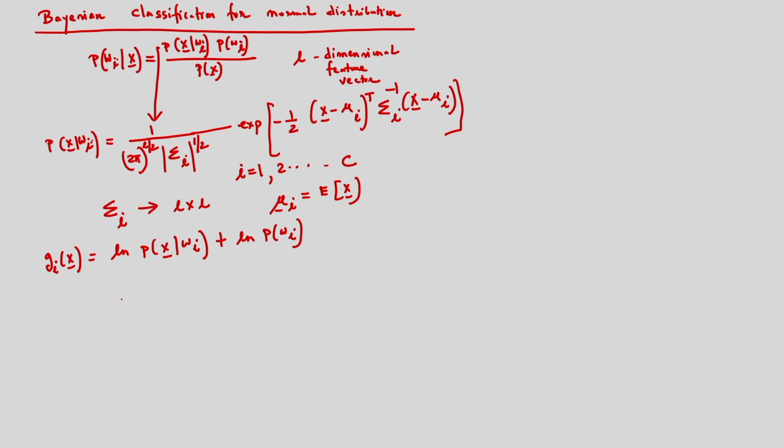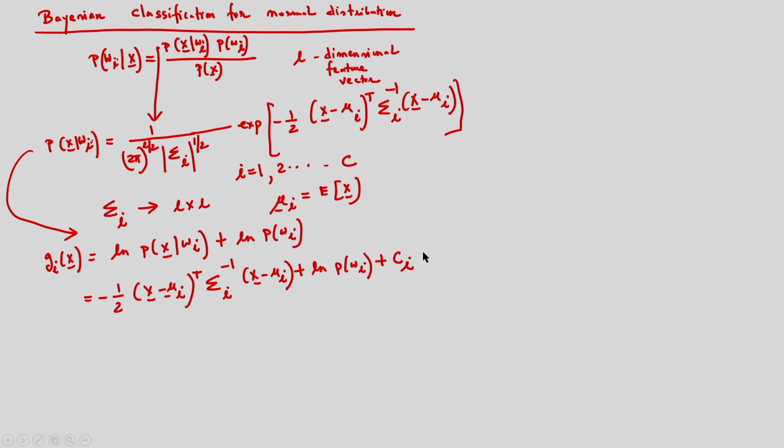If I put in the multivariate normal distribution, I will get minus half (x minus mu i) transpose, the inverse of the covariance matrix for the class i, (x minus mu i), plus Ci. Suppose this is equation number 1.